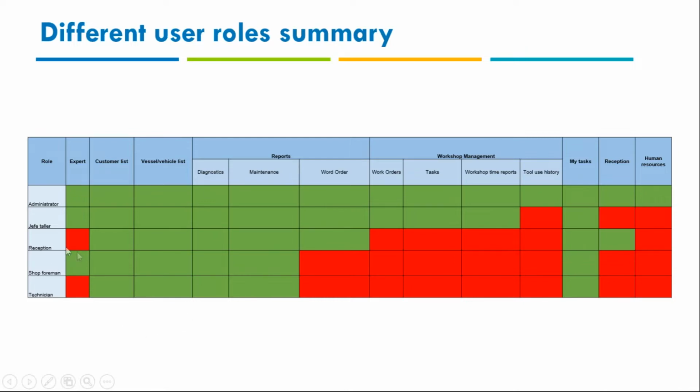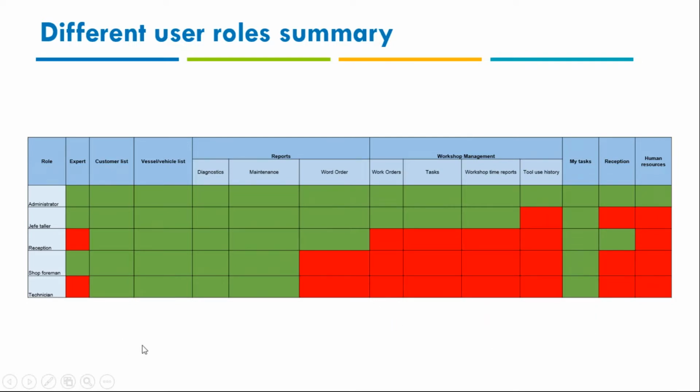With reception, you don't have the expert mode code, and you don't have all the workshop management and the human resource. Shop foreman, we have everything, well, except work orders, all the workshop management, and reception, human resource. And technician, you don't have access to the expert mode, work orders, all the workshop management, and the same thing, reception, human resource.